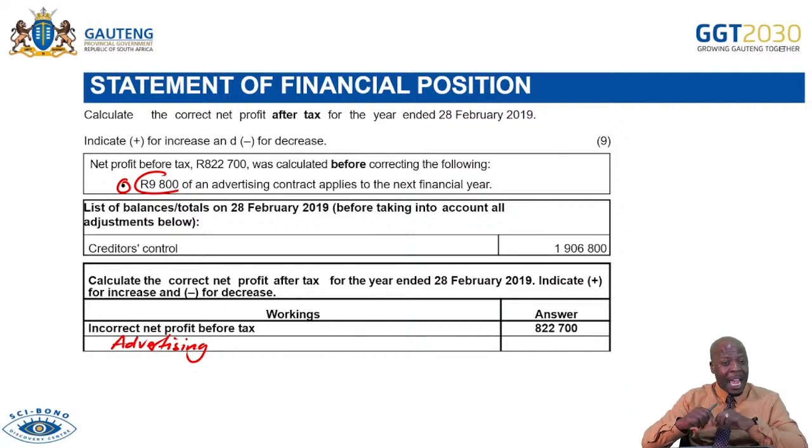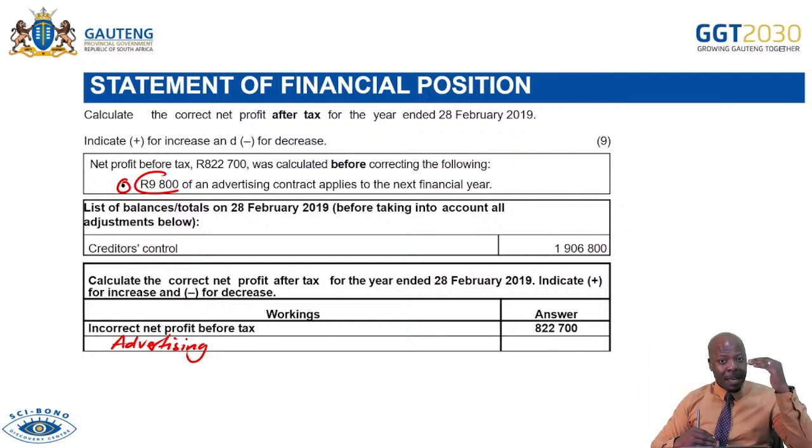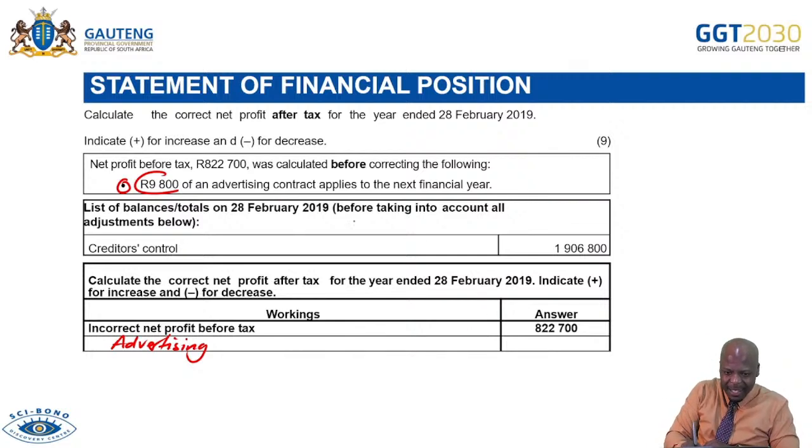Was it supposed to be in this year? No, it's for the next financial year, which led to expenses being more, profits being less. How do I correct that? I come and I add back this 9,800. So I'll say plus 9,800. That is how I would correct that one.